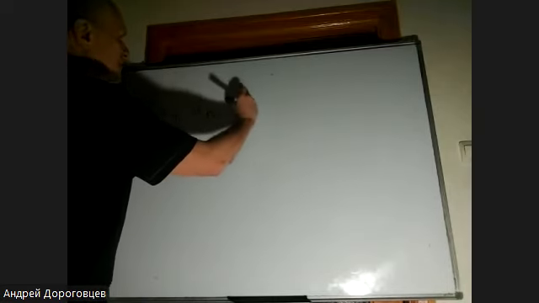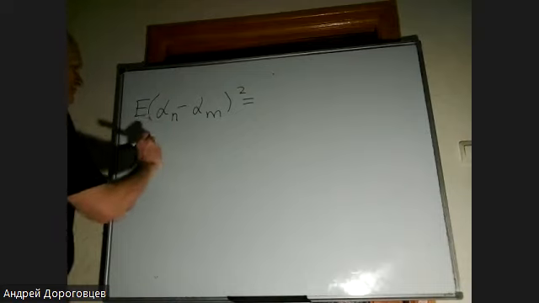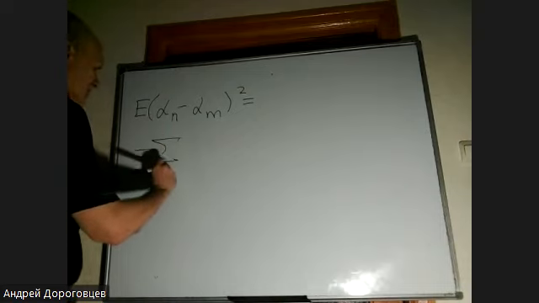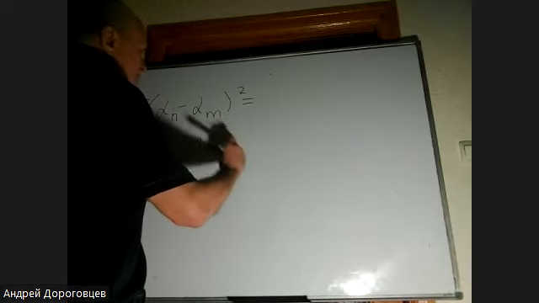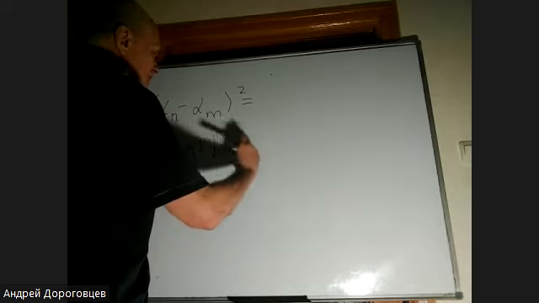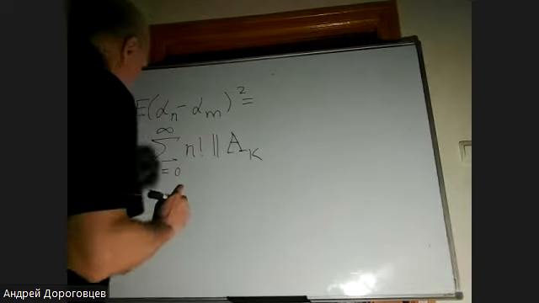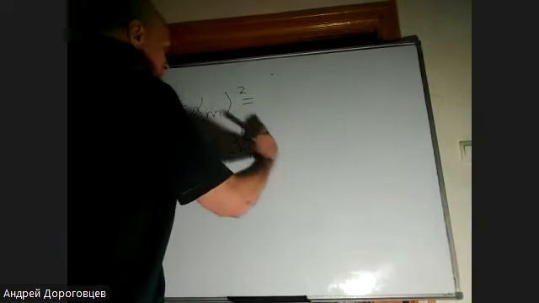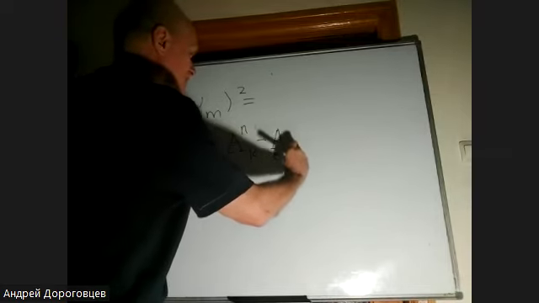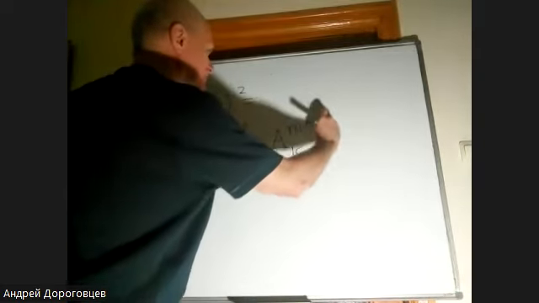Expectation of (alpha_n minus alpha_m) squared is equal to the sum from k equals 0 to infinity of k factorial multiplied by the norm of (a_k^n minus a_k^m) squared.